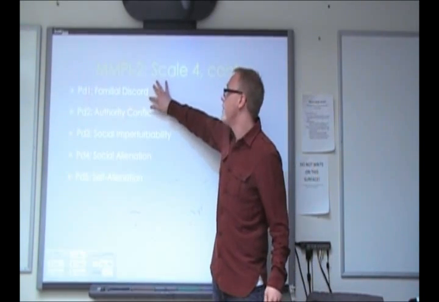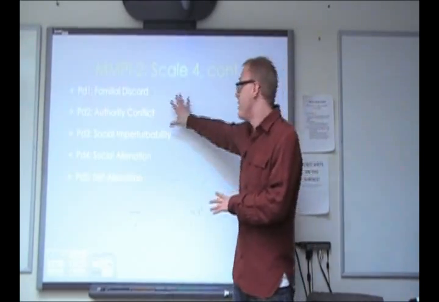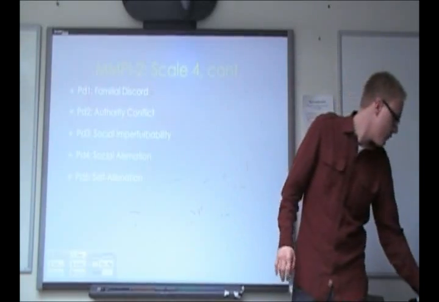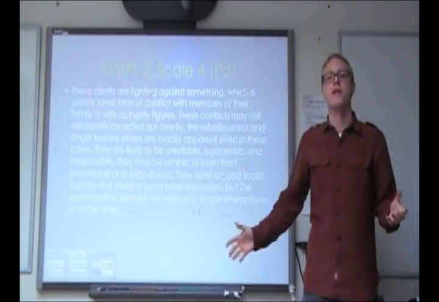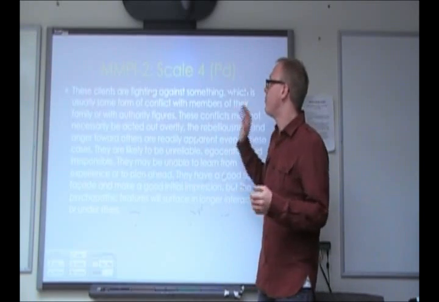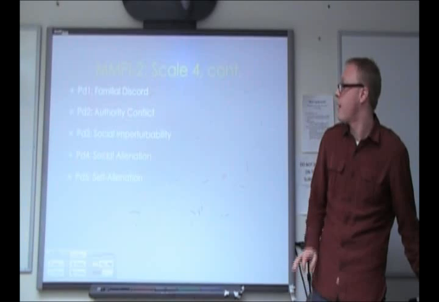Is it only high for family discord? Because then that's the interpretation I give. If these others are really low, chances are that descriptor is not going to be accurate. It's really just problems with family. And that's probably the one that I use the Harris-Lingoes for the most in terms of interpretation, rather than just as backup.